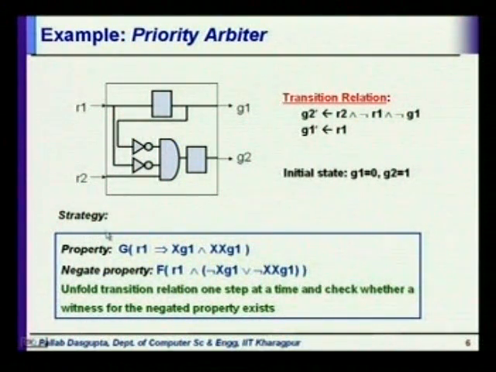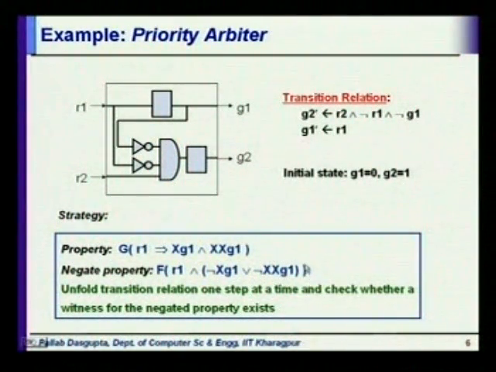Now, what do we do? Just like we do in traditional model checking in the tableau method, we will first negate the property and look for a witness of the negated property, right. So, if the property is this, then the negation of that property is future R1 and not next G1 or not next next G1. Okay. So, this is the negation of the property.